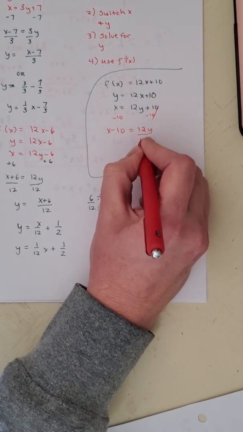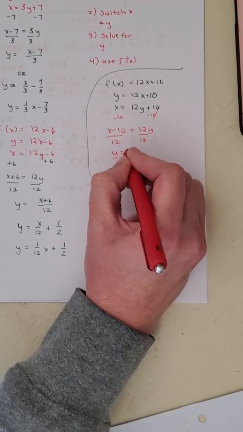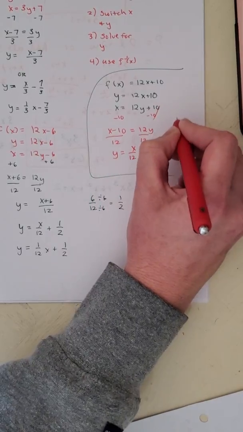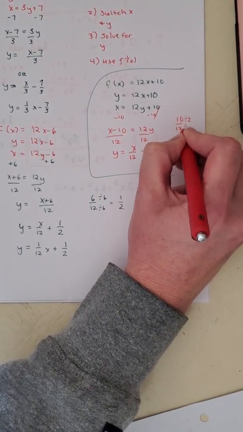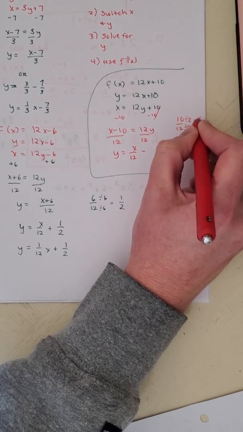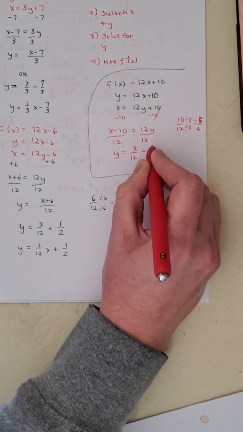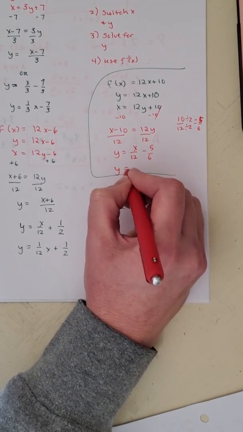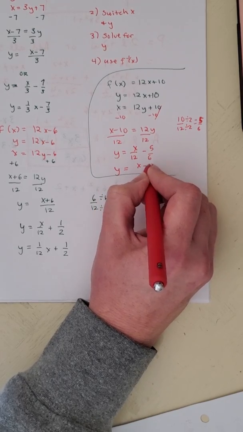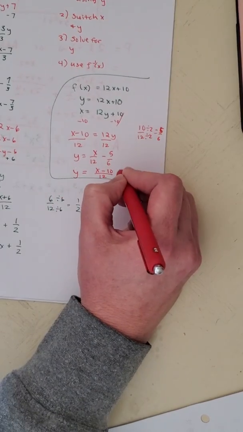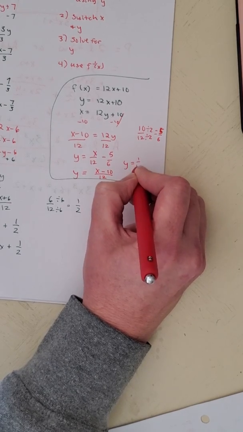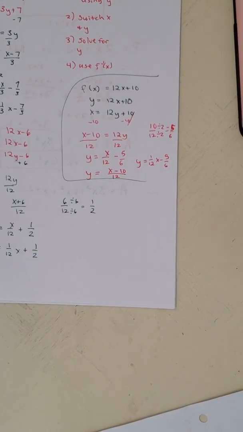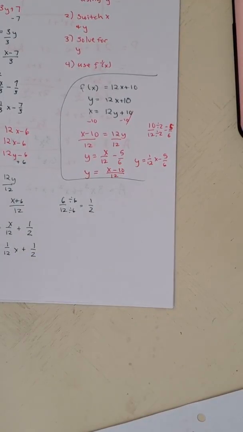We divide by 12. y equals x over 12 minus 10 over 12, divide both by 2, that's 5 over 6. Or we could have it all in one fraction, x minus 10 all over 12. Or the third way would be 1/12 x minus 5 over 6. All right, so each of those is equivalent. Make sure that you can recognize any of those.